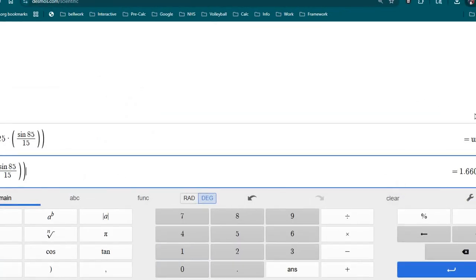Mine says undefined, which is what Desmos is going to say. But remember that arc sine is basically going backwards, right? So let's think about our sine graph. Remember, what do our y's have to be in between? What's our max and our min for sine?